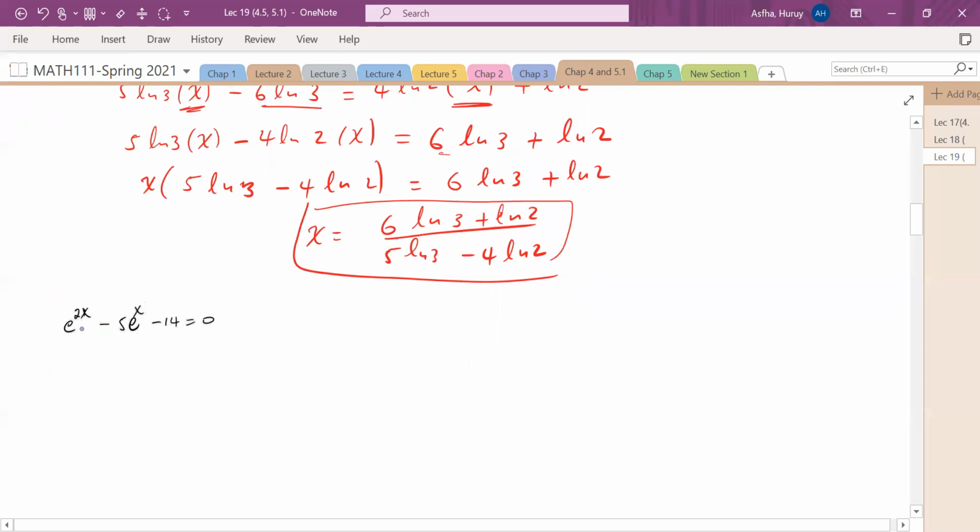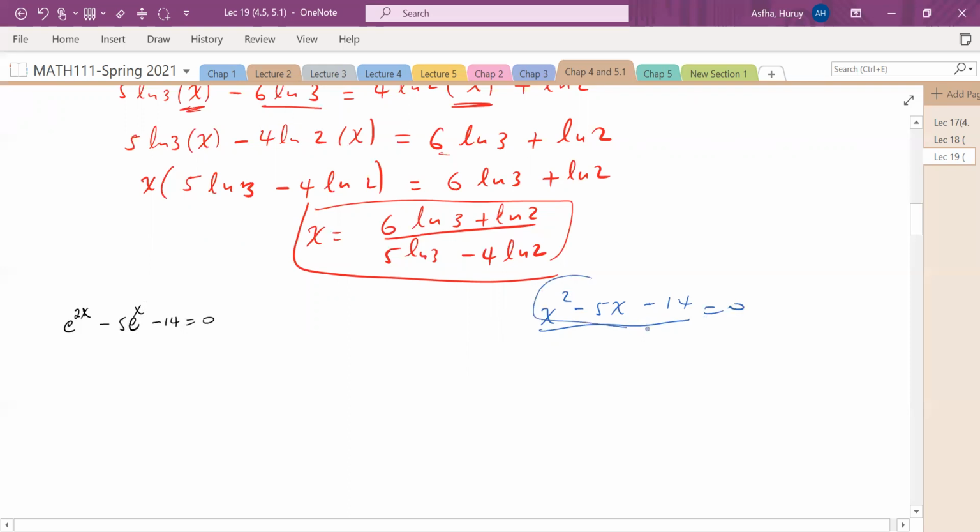If you notice, we have e to the power of 2x minus 5 e to the power of x minus 14 equals 0. Somehow this looks like a quadratic equation. Remember, we have x squared minus 5x minus 14. For example, this is a quadratic equation.